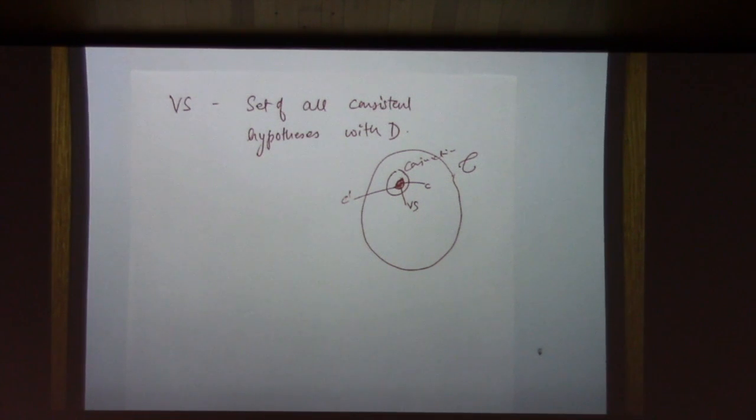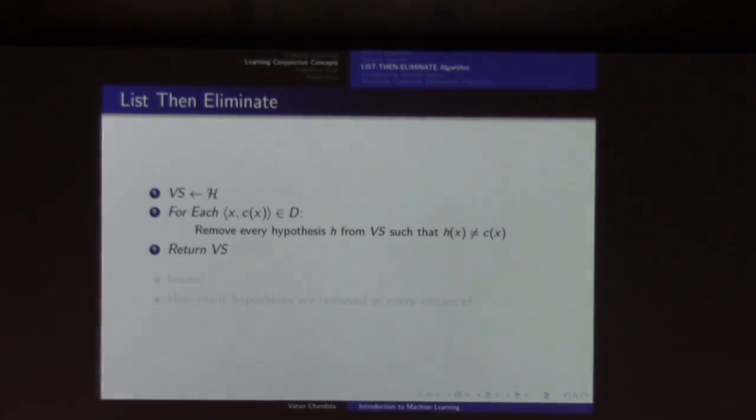So that's the issue. Now let's look at one algorithm which does that, and we call it, very imaginatively named, List-Then-Eliminate. What this algorithm does is it does the reverse. Remember, Find-S starts with one most specific hypothesis and then iteratively refines it.